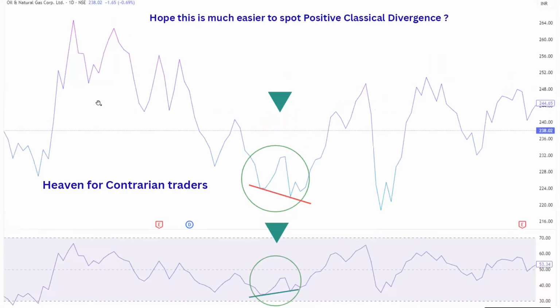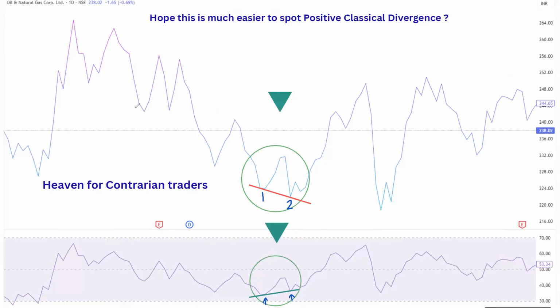See this thing. Is it easier now? Yes. Why? Because we do have this low, then we have this low, and if you compare with the lows in RSI, it is much more clearly visible that we do have a positive divergence in the price. Now let me set the context here.